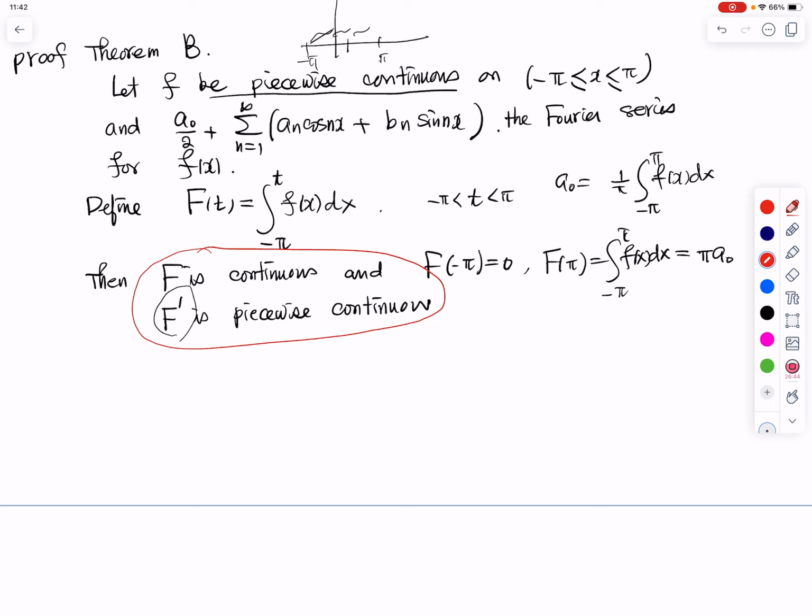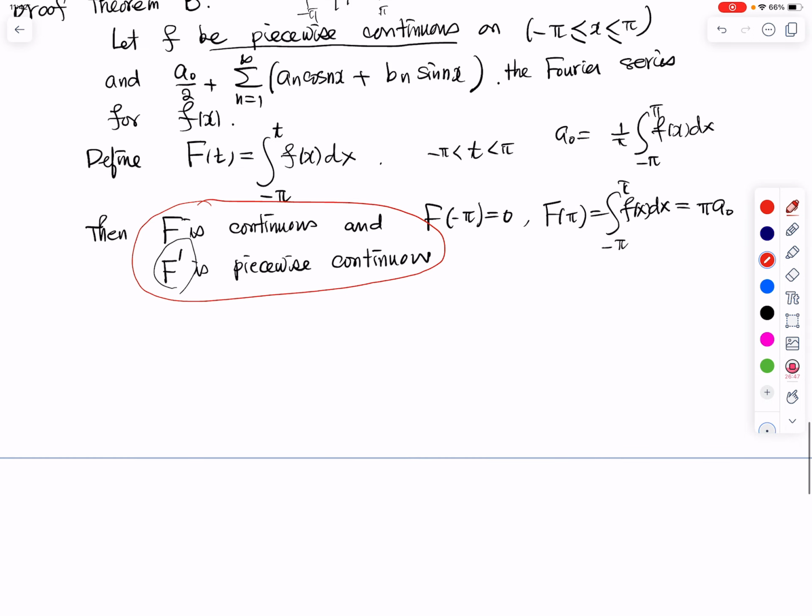So now, in order to use the Fourier theorem, we want one condition: we need F of pi equals F of minus pi. So this is what we need. But somehow here, F of minus pi equals 0, F of pi equals pi a0. So we need to define a new function, F tilde, that satisfies this.